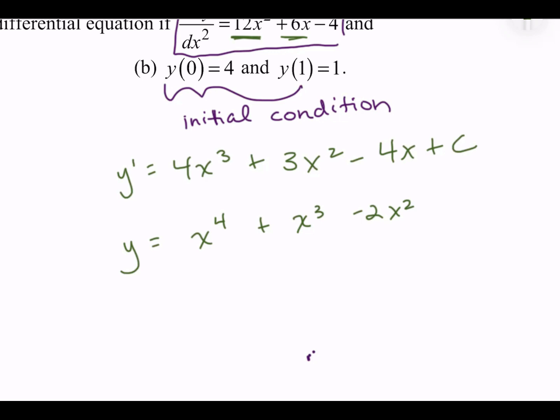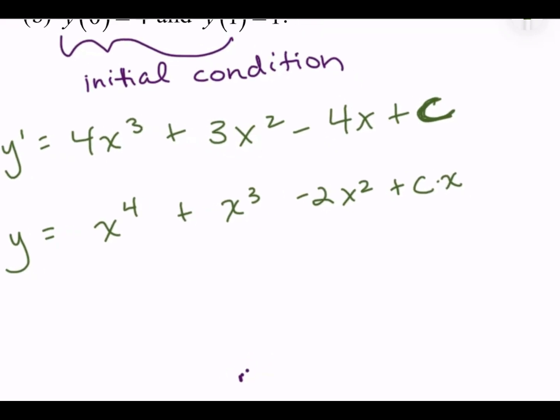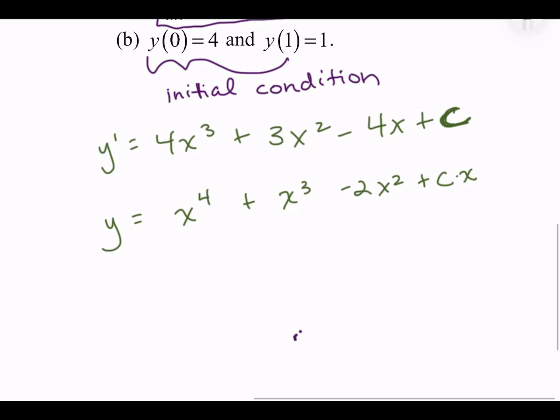But now I have to take the antiderivative of c. So this is just a constant, so it's just going to be c times x. And then I need to add another constant. So this one will be c1, and this other one will be c2.